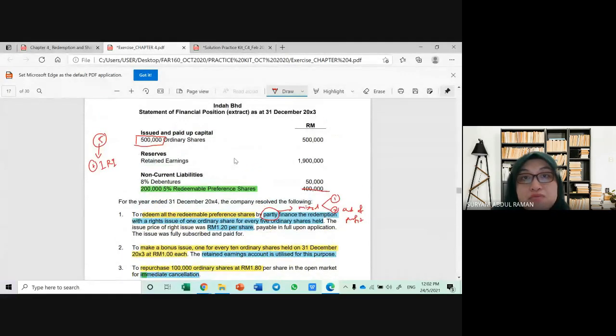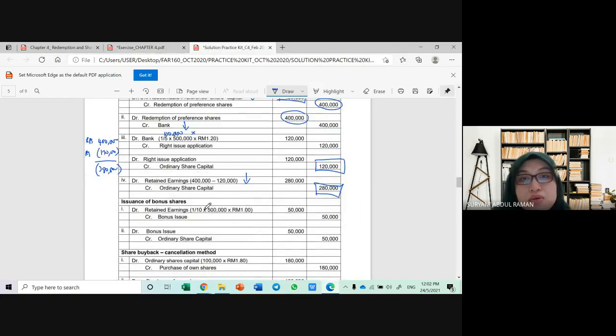So what you need to do is divide by 10. So you will get how many units, class? 50,000. If you divide, you will get 50,000 units, and you times with 1 ringgit each.